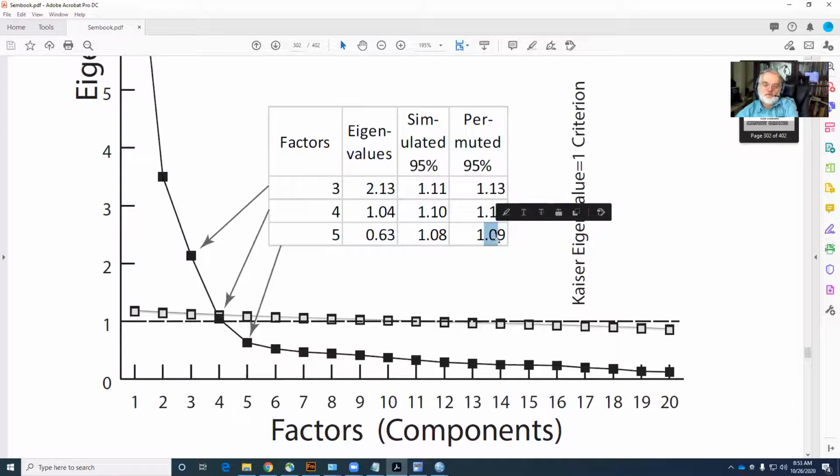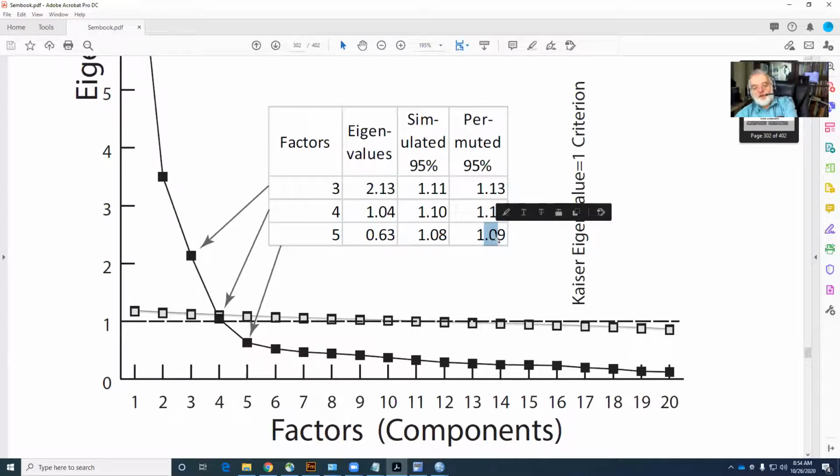Now, by chance, the reason that these little boxes in the diagram that you're looking at go very gently from slightly above 1 to slightly below 1 is that when you're extracting those eigenvectors, you're capitalizing a little bit on chance. Not that much because this is a large sample of about 2,000 people, but nonetheless, there's some chance you can capitalize on.